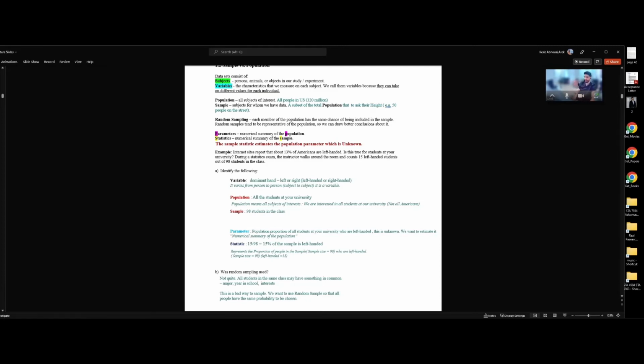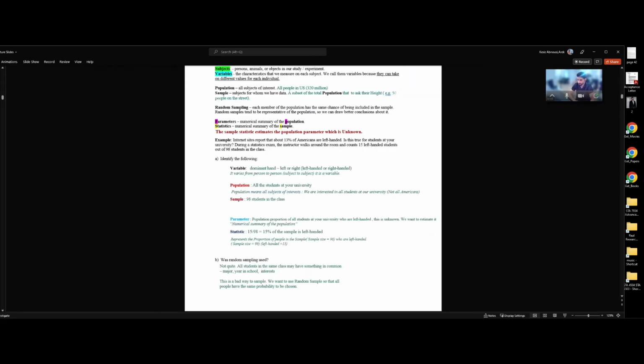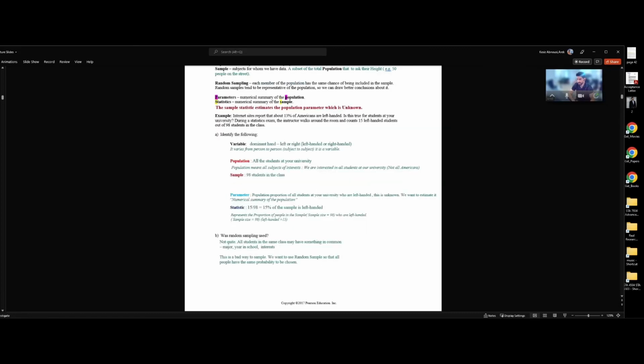The reason we want random sampling is that if we estimate something about the population, a numerical parameter of the population, the method that we use to sample from the population is very important. It determines whether we will be confident in our estimation. This is actually the end of the class.